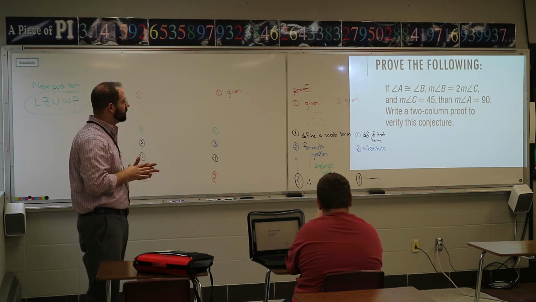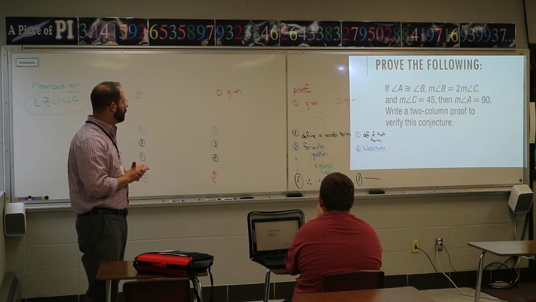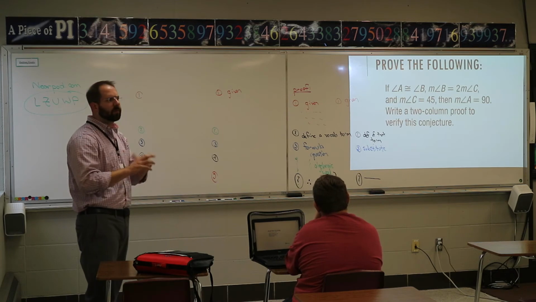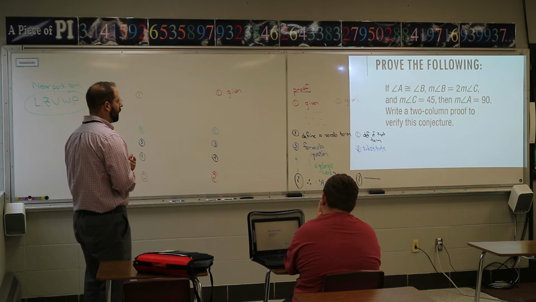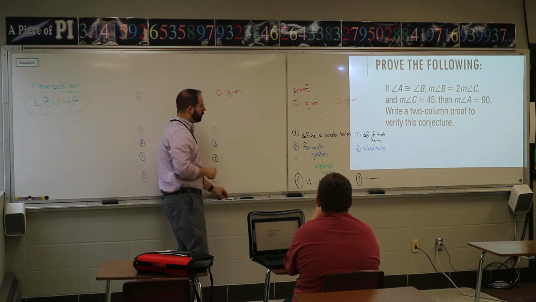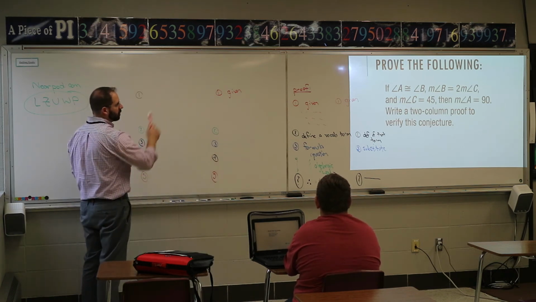So hopefully this will make sense. There's a bunch of different ways to do proofs, so don't feel like there's only one way. There's a bunch of different structures, but I think this will be pretty straightforward. Okay, what are we given right away? What's our first line? What's the if?